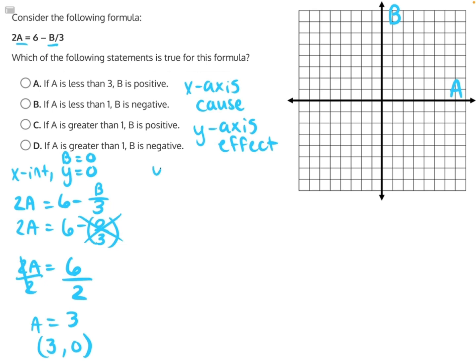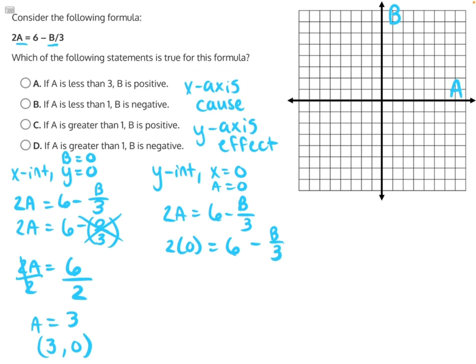Then, when we find our y-intercept, we will need x to equal 0, or a to equal 0. So we rewrite our function, 2a equals 6 minus b over 3. Then we plug in 0 for a. 2 times 0 equals 6 minus b over 3. 2 times 0 will just give us 0 equals 6 minus b over 3.